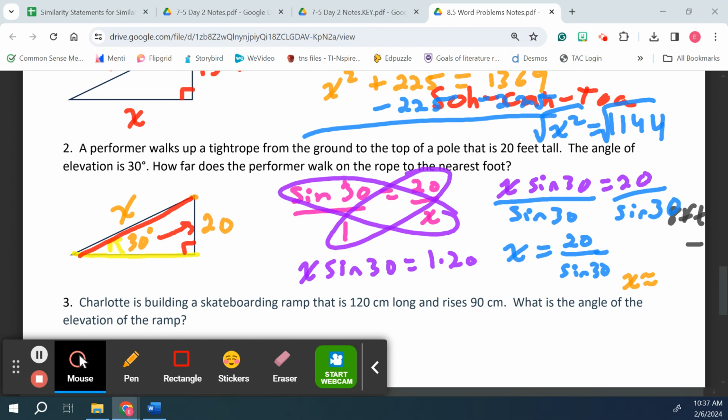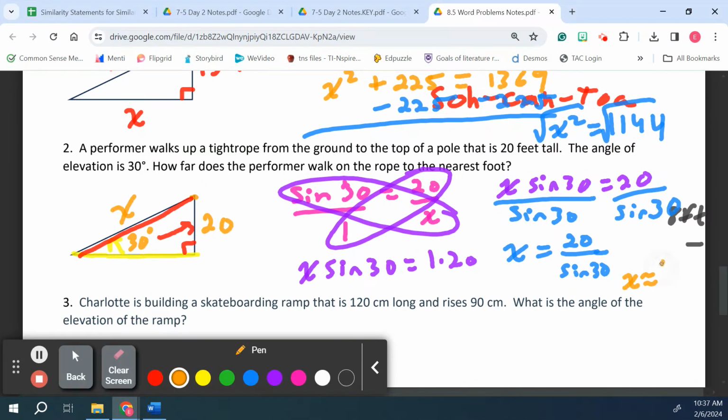What'd you get? Are you sure you're in degree mode? 40 is the answer. Let me see your calculator real quick. I just want to make sure we're good, because that's where we can correct the error immediately. Definitely degree mode. Oh, you multiplied it. It was dividing. Oh, I did dividing the first time. Yeah, it's division though. Okay, good job. All right, just making sure we're good with that calculator.